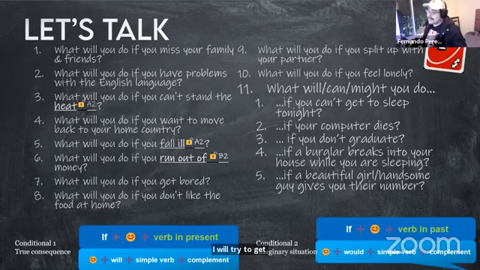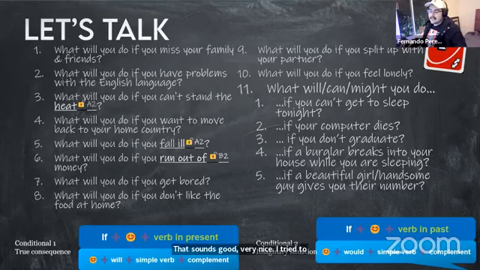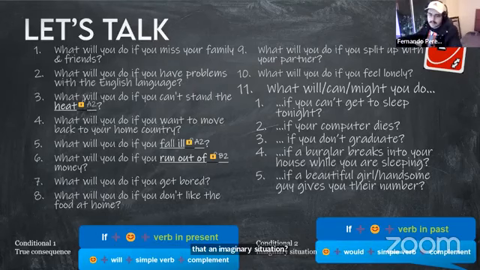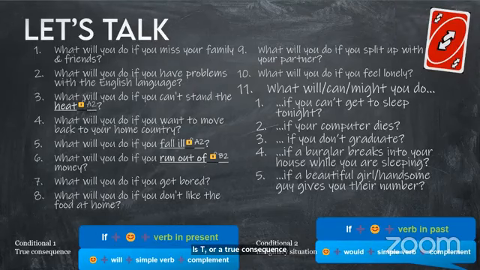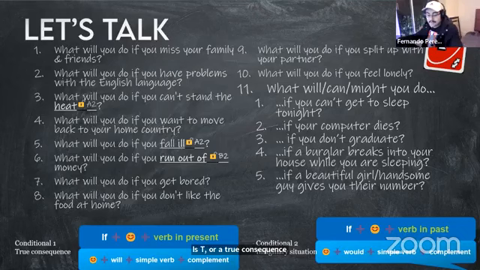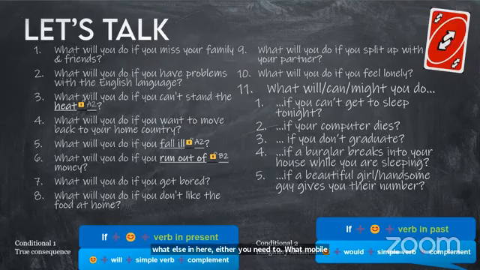That sounds good. Very nice. Is that an imaginary situation or a true consequence? True. So you need a, what auxiliary do you need? What modal verb?